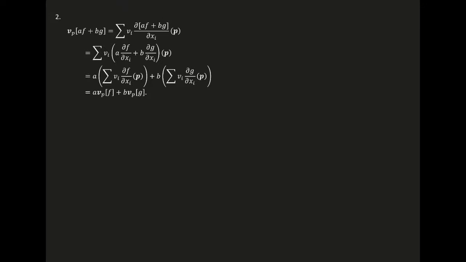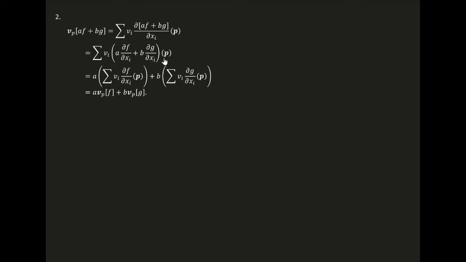For part 2, we use again the formula, replacing f with af plus bg, since that's the function that we are differentiating. And then, since this is just a partial derivative, it's nothing fancy, and it doesn't require our knowledge of vectors and points, etc., we can simply use the linearity of the derivative inside our formula.